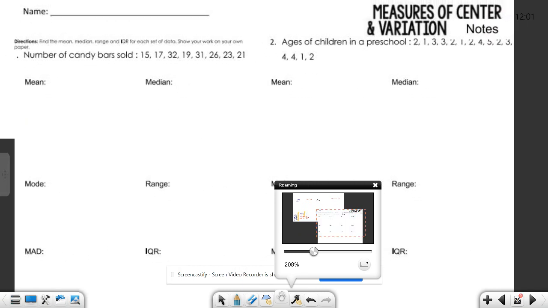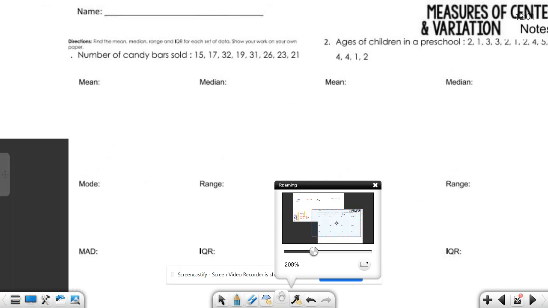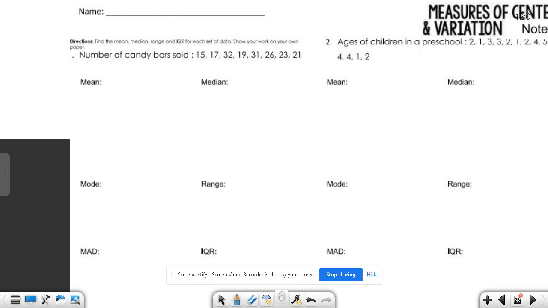Slide it over here. Okay. Does everybody see number one? We're talking about the candy bars. We've already calculated the mean here first. The first thing we need, according to our steps, is the mean. Well, we've already done that for this section. What was the mean from number one? 23.